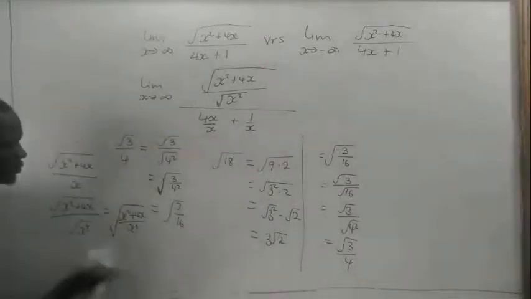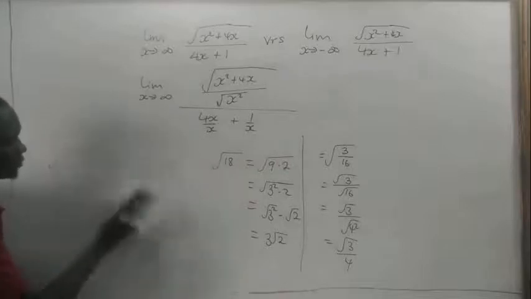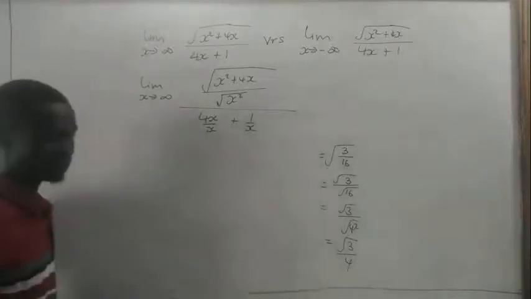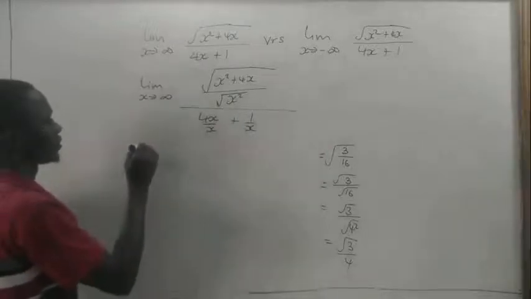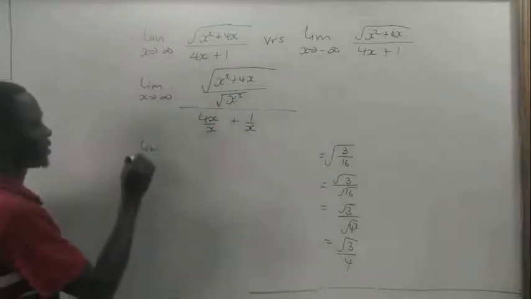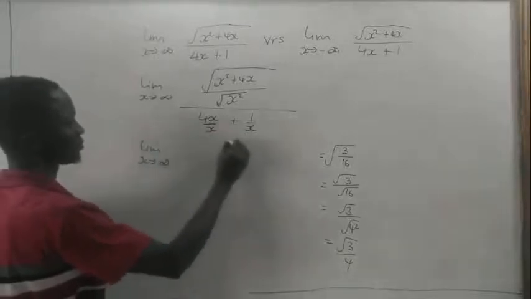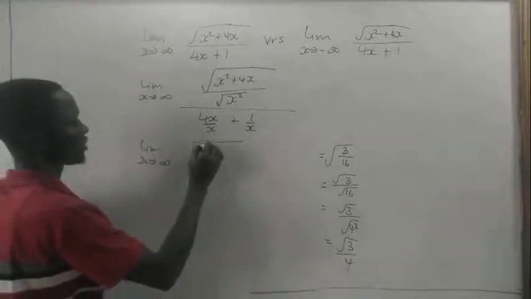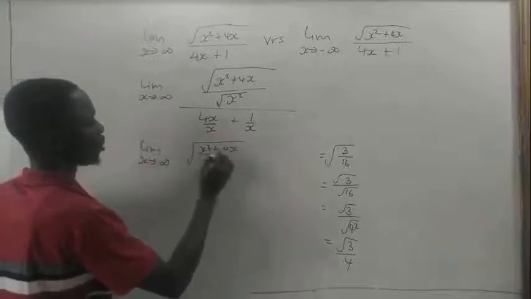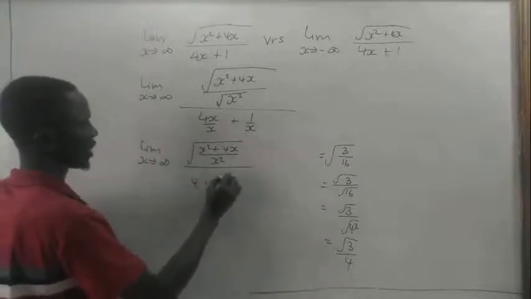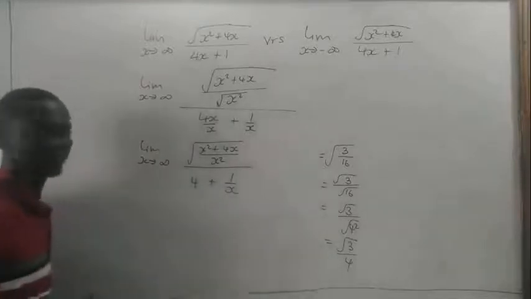Now, this one is going to give us the limit as x approaches infinity of the square root of x squared plus 4x all divided by x squared, then we have 4 plus 1 on x.